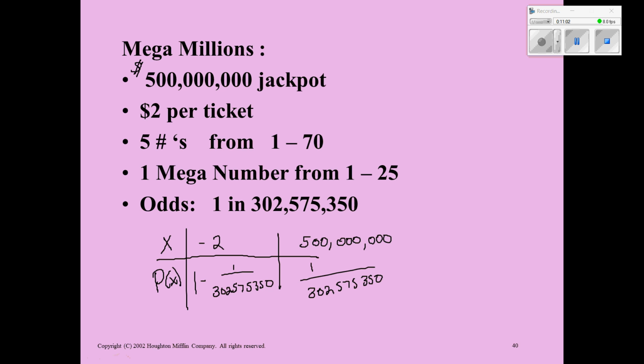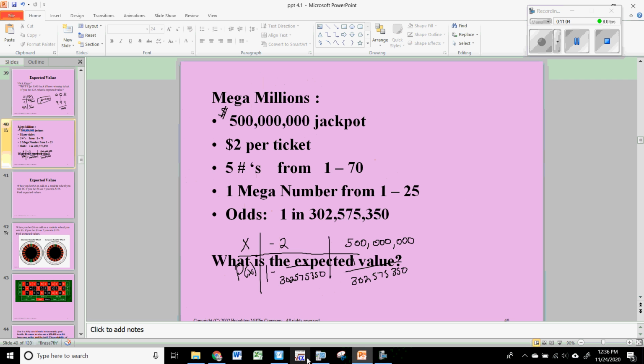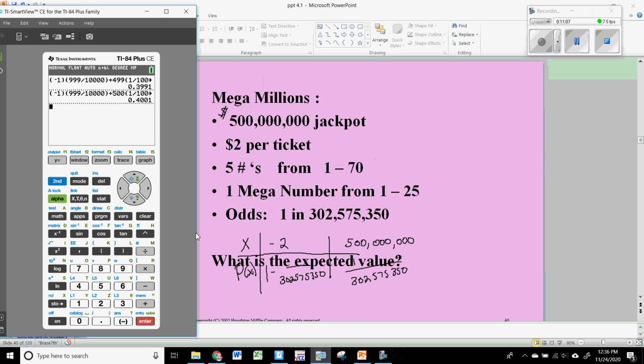So now, if we go to our calculator, I have -2 times 1 minus 1 divided by 302,575,350 plus 500 million times 1 divided by 302,575,350.